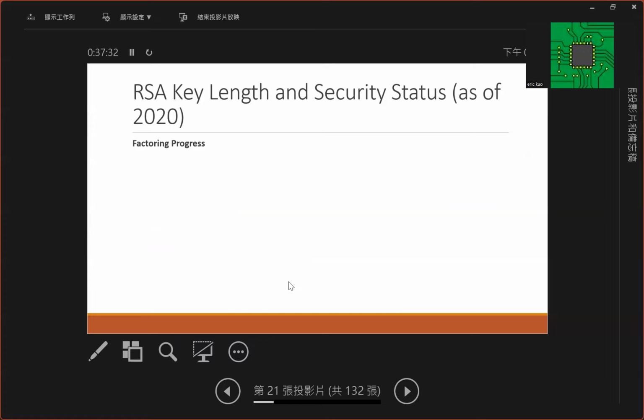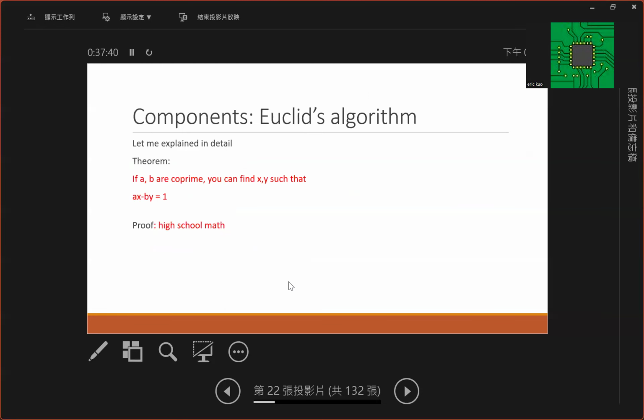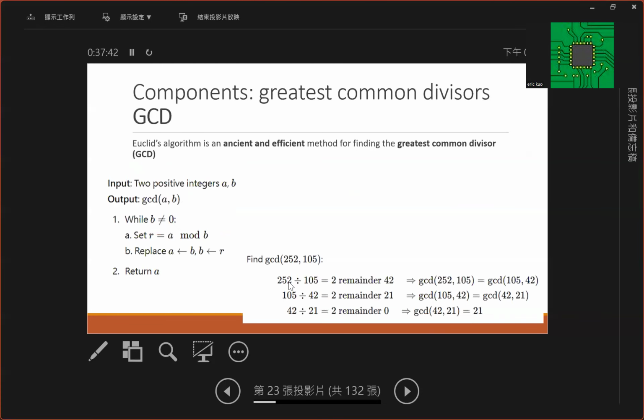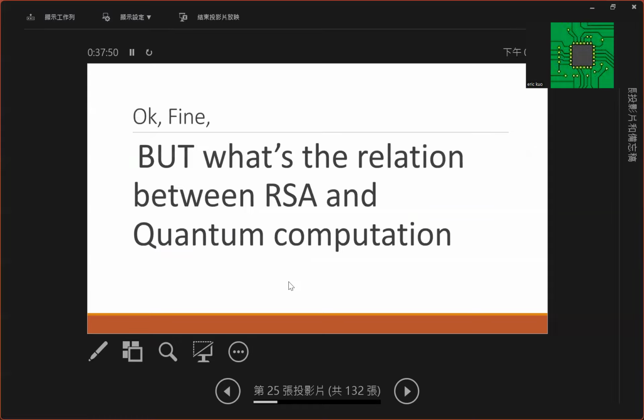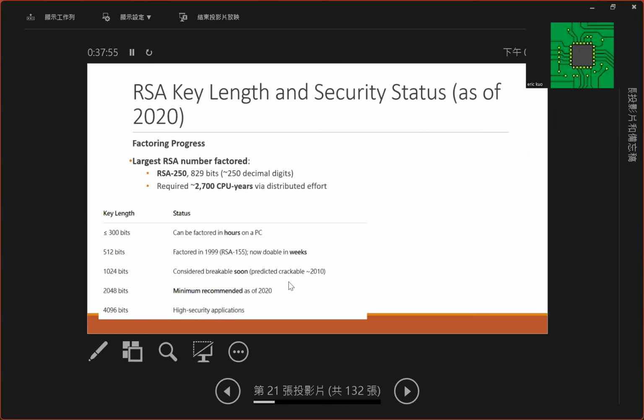So let me explain the state of the art. This shows some detail on why the greatest common divisor is easy to compute. There is an algorithm that is easy to compute it. So one obvious thing is that if you believe RSA is safe, then you need to believe that given a 1,000 bit long number, finding its prime factors is hard.